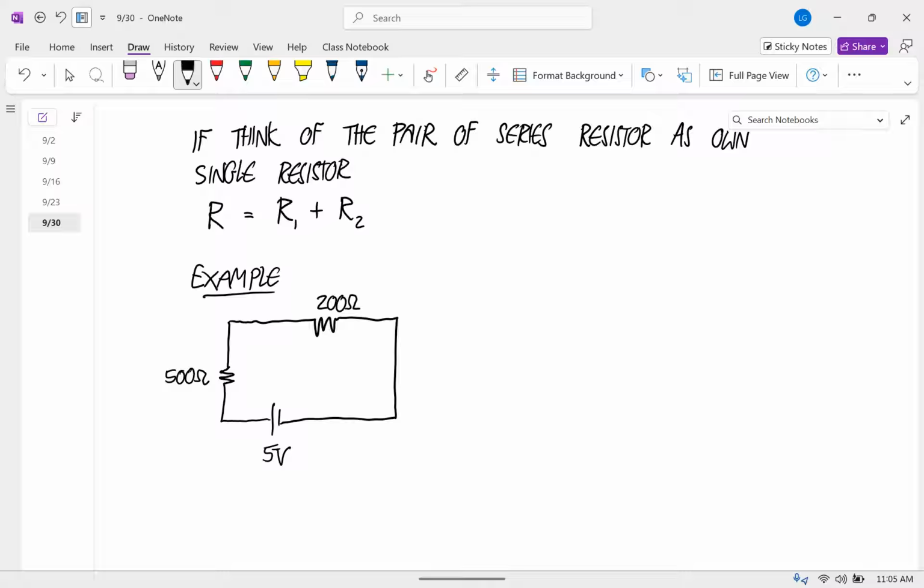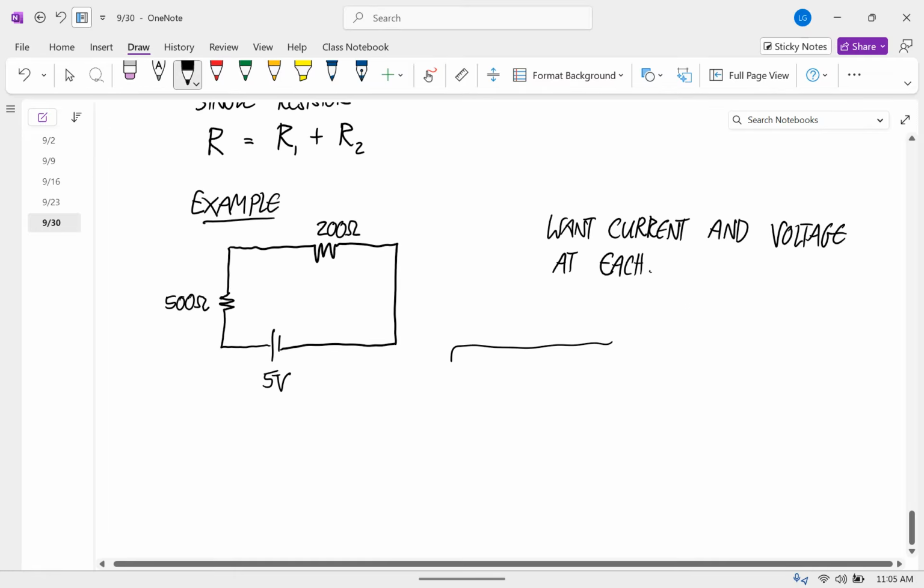And say we want to know the current and voltage at each of those resistors.